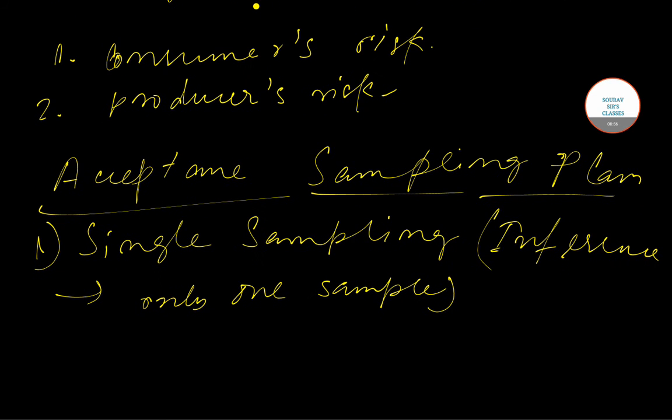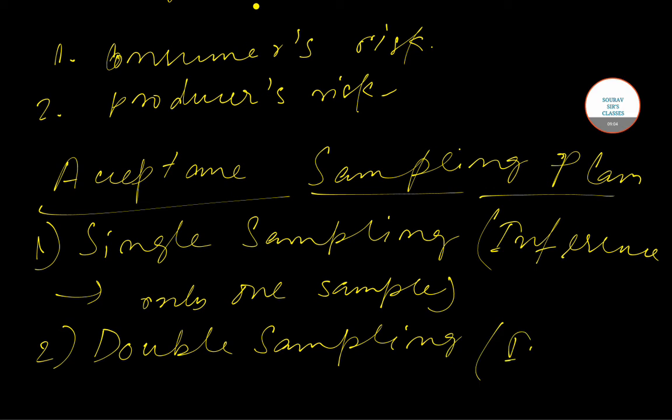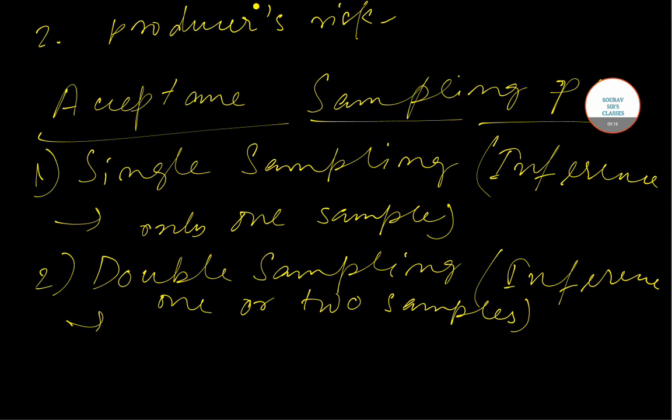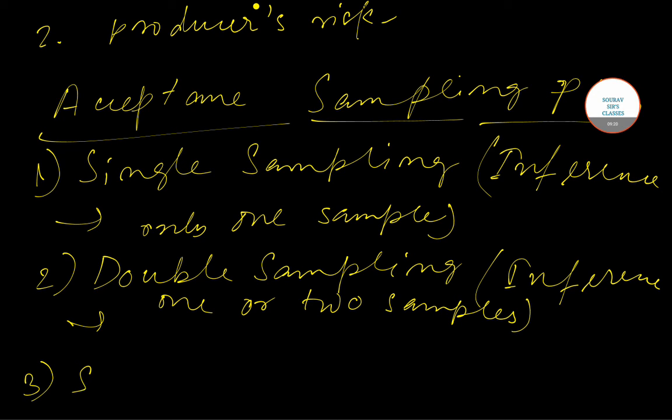Number two is double sampling. In double sampling, inference is made depending on one or two samples. And finally we have sequential sampling.